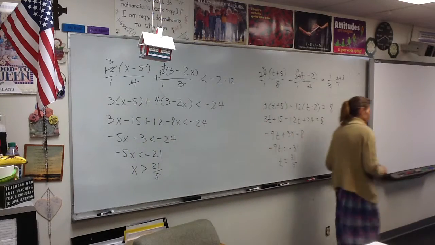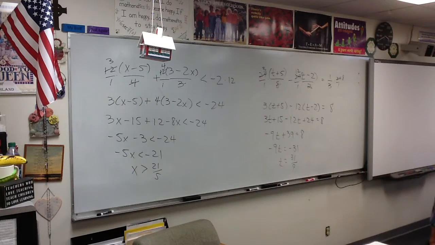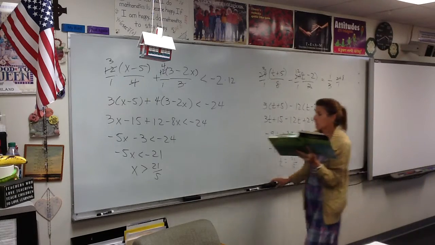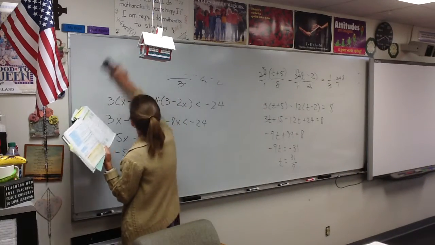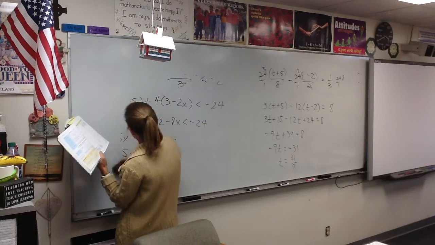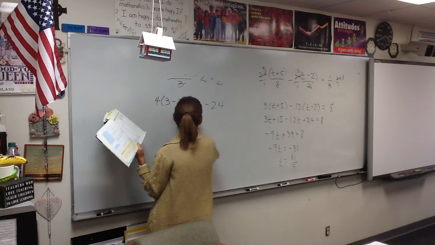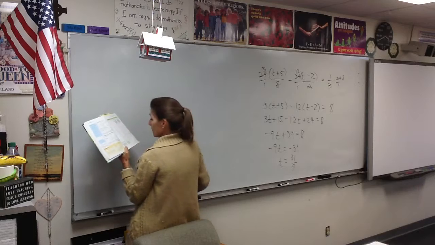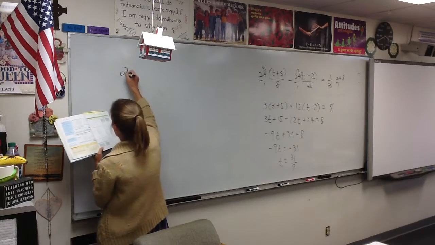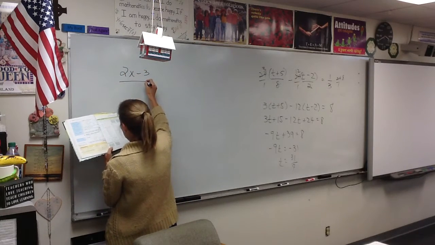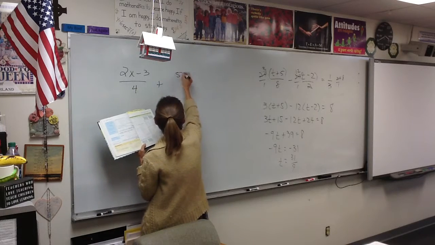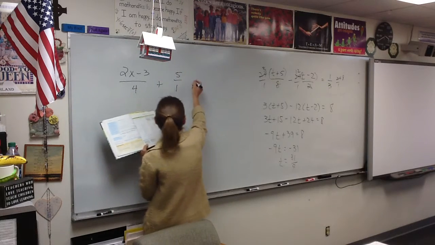Okay, one more. Bailey. Number 25. Okay, what'd you do with 25, Bailey? I tried to get rid of the denominator, but then I couldn't remember if I had to 5/1.